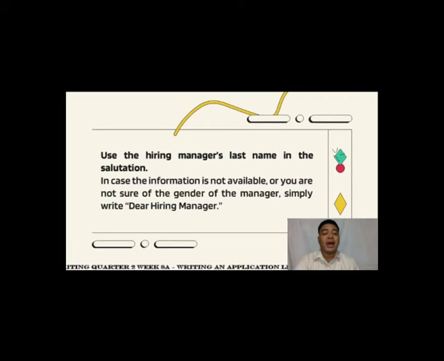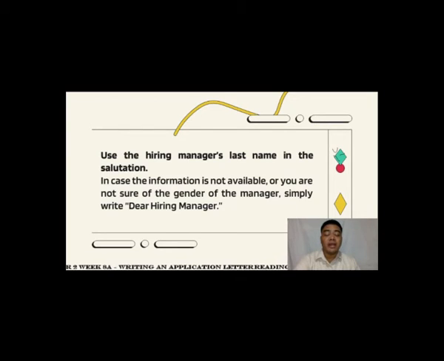First, use the hiring manager's last name in the salutation. In case the information is not available or you are unsure of the gender of the manager or the hiring personnel, simply write "Dear Hiring Manager." Okay? You have to understand that many of those who are in the LGBTQ+ community no longer identify as a Mr. or a Miss or Mrs. Okay?